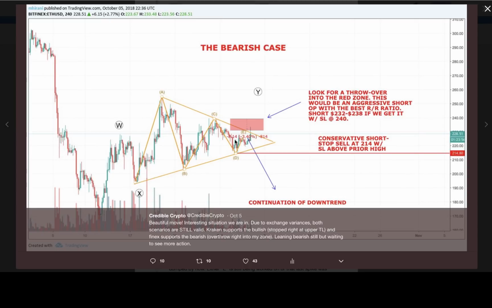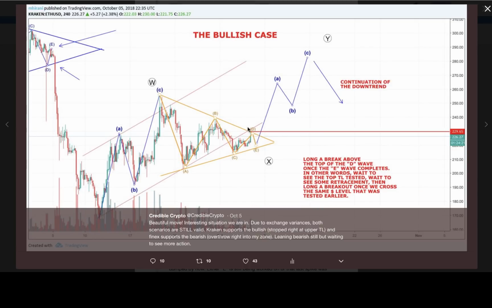I said, okay, yeah, on this exchange we overthrew, but maybe that was just some volatility issue. In fact, at this point in time, Bitfinex servers actually went down. So there was some increased volatility, which may not be the norm and may be an anomaly because the servers were down. So it caused some extra volatility. So because we didn't see that overthrow on the Kraken exchange, I was still cautious.